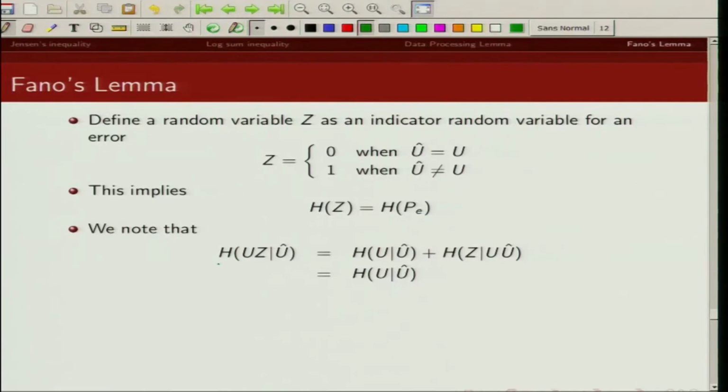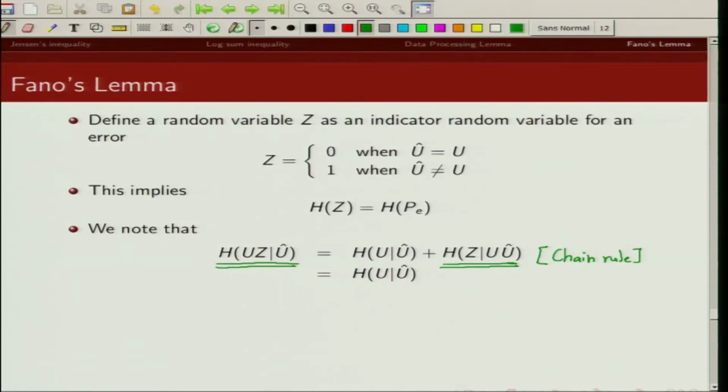Now let us look at this term, uncertainty in u z given the estimate of u. Now we apply the chain rule. If we apply the chain rule, what we get is uncertainty in u given u hat plus uncertainty in z given u hat is equal to this quantity. Okay. Now let us look at each of these two quantities. What is the uncertainty in z given u hat?